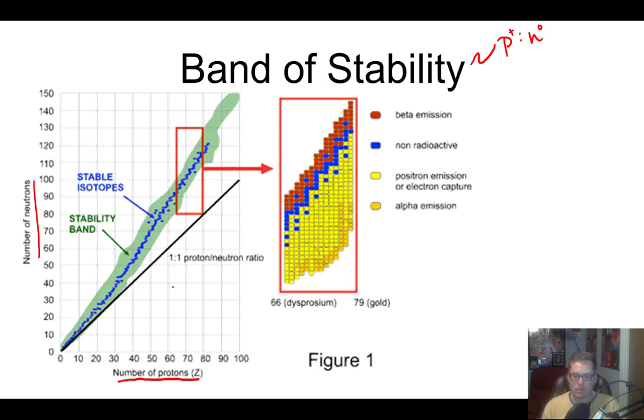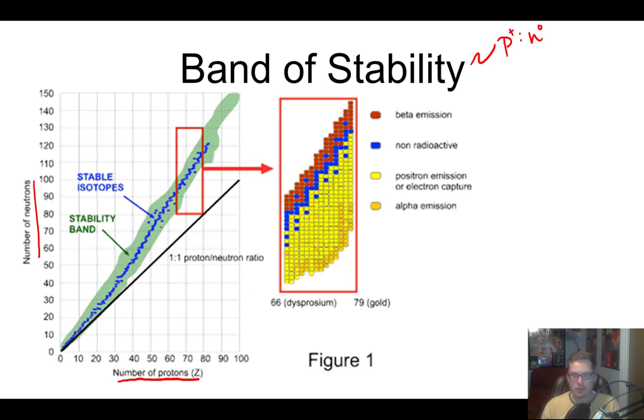So you're at a 1-to-1 ratio. All right, notice that when you're down here in the low atomic numbers, like less than 15 or so, the ratio is pretty much established at 1-to-1. Okay, you're pretty close to the perfect ratio being 1-to-1. As you start to get to a higher number of protons, you need more and more neutrons to make it stable.